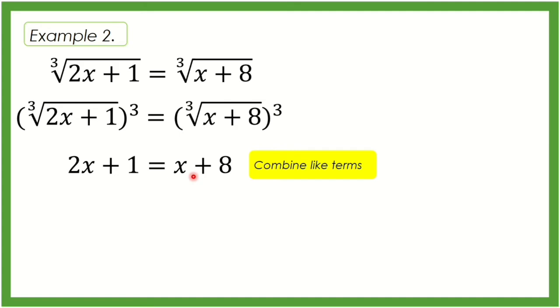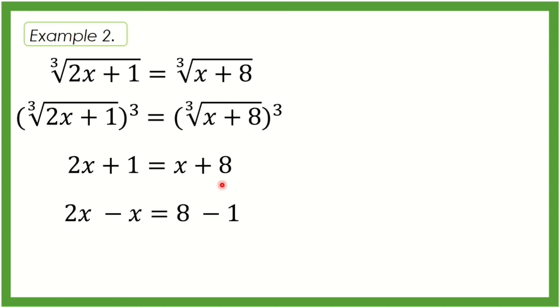And then, i-combine natin yung like terms. Yung x, itatranspose natin or imumove natin to the left. At yung positive 1, imumove naman natin to the right. That is the shortcut. And then, yung x, pag minove sa left, magiging negative x. Yung positive 1, pag minove sa right, magiging negative 1.